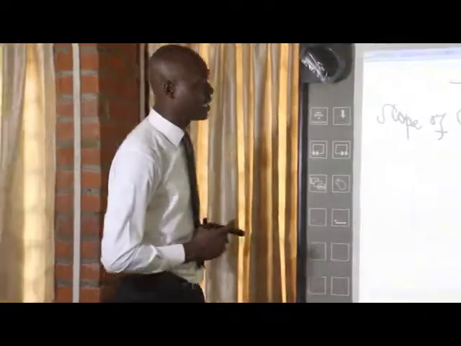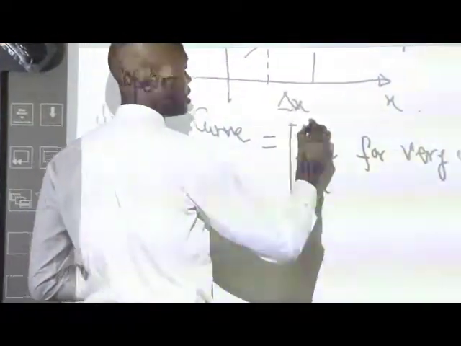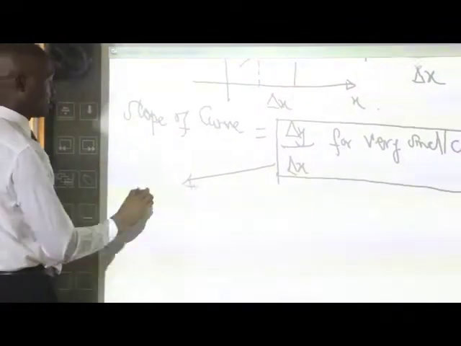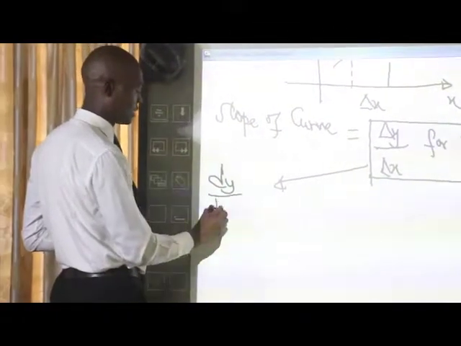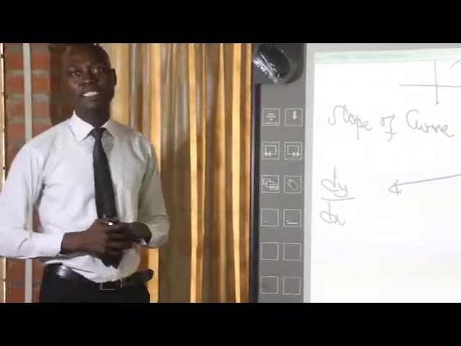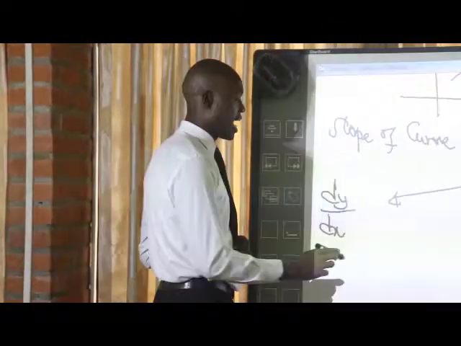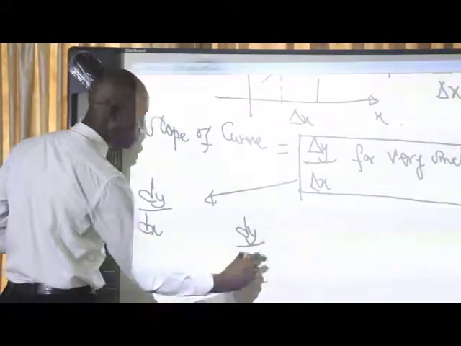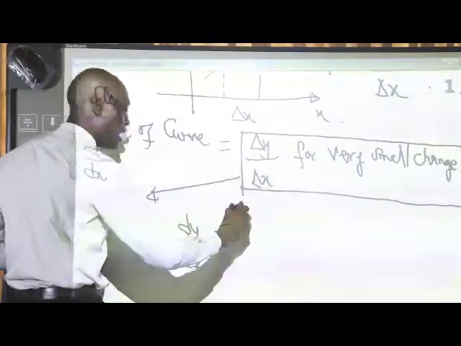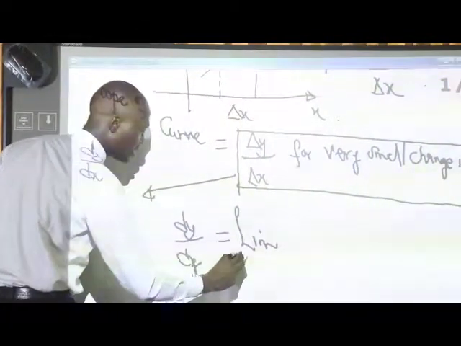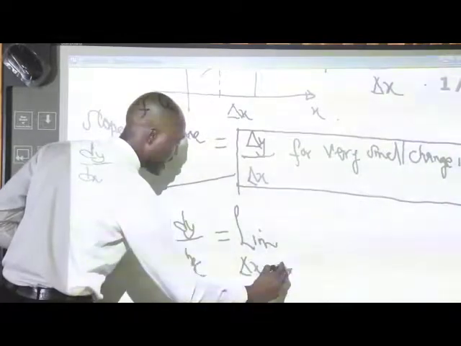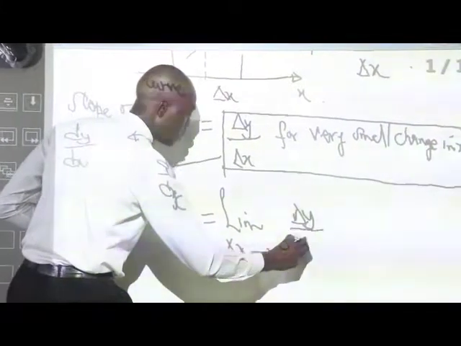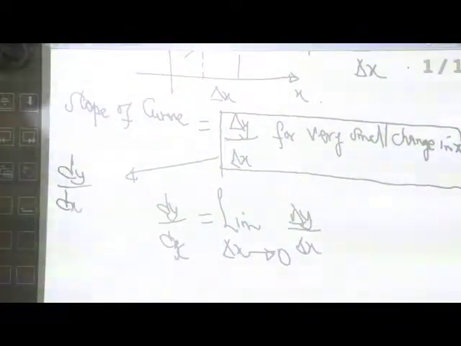And for that case, this definition that we have here is denoted as dy/dx. Mathematically, dy/dx as a notation is the limit as change in x gets very small of delta y over delta x.